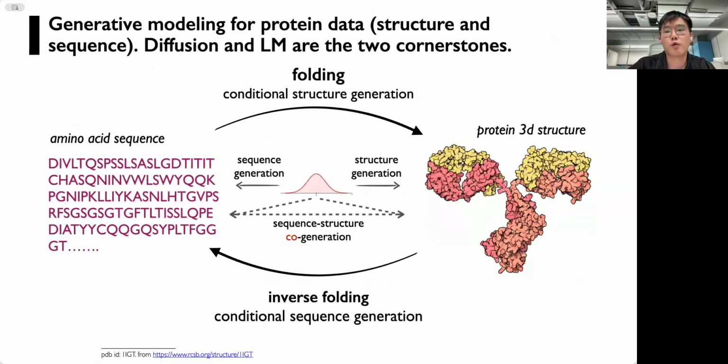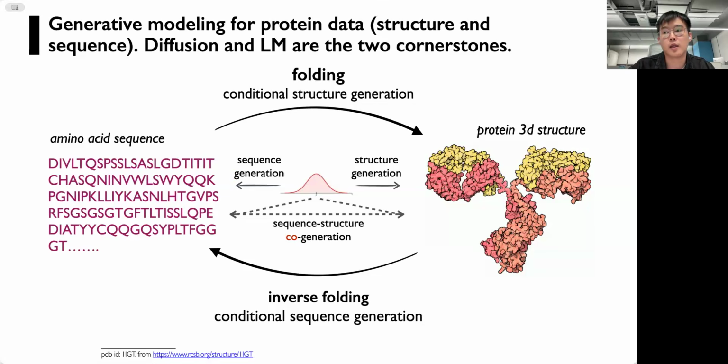Generative modeling for protein data, especially for the two major modalities, protein structures and protein sequences, has gained a lot of interest these days.